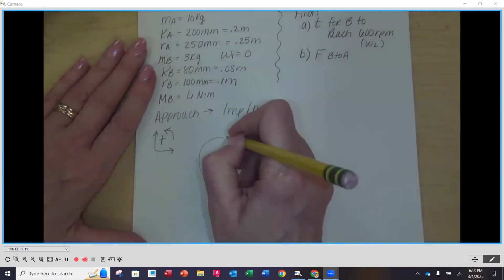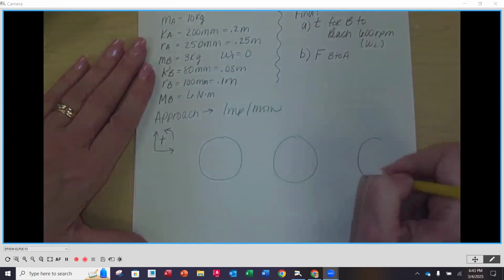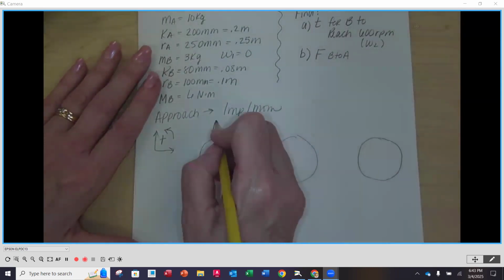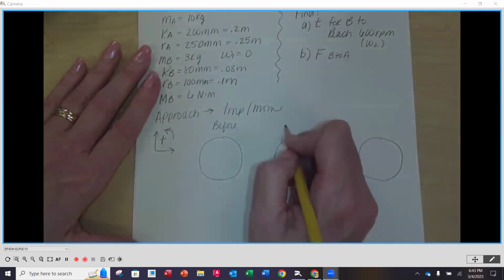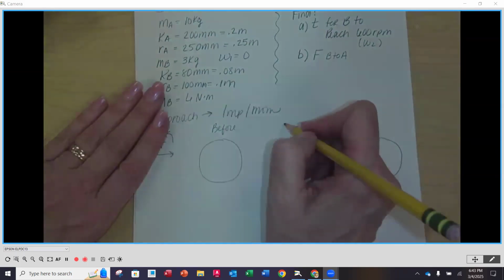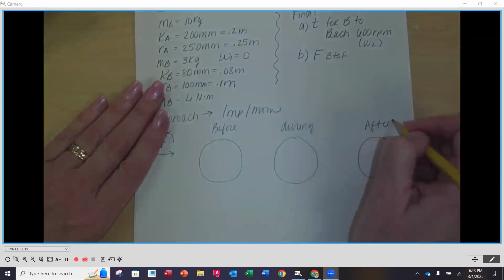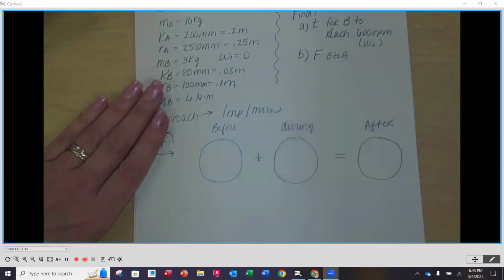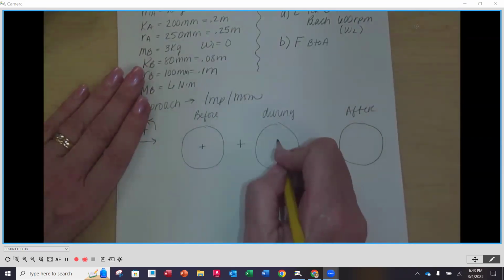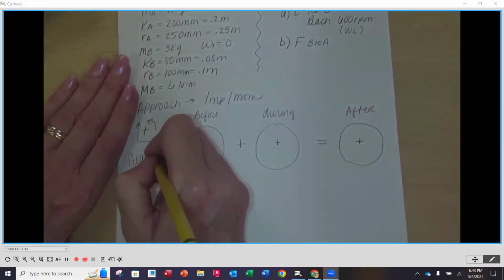We're going to look at gear A, and then we're going to look at gear B. So this first one is going to be our before, during, and after. So we're going to add these two and set them equal to the one between. The center here, this is again going to be for gear A. So I'm just going to put on the side here, gear A.